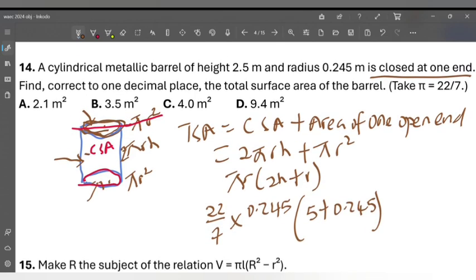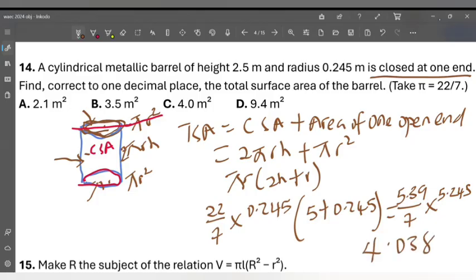Solving this, I'm going to multiply these first: 22 times 0.245 with my calculator gives me 5.39 over 7 times, expanding this bracket, 5 plus 0.245 is 5.245. So if I multiply 5.39 times 5.245, divided by 7, what I get is 4.038. So that's my answer.